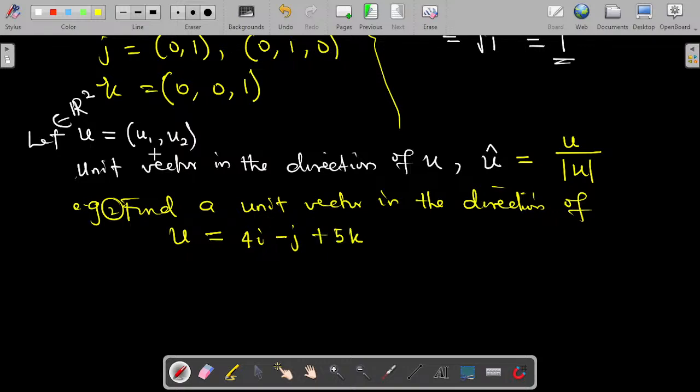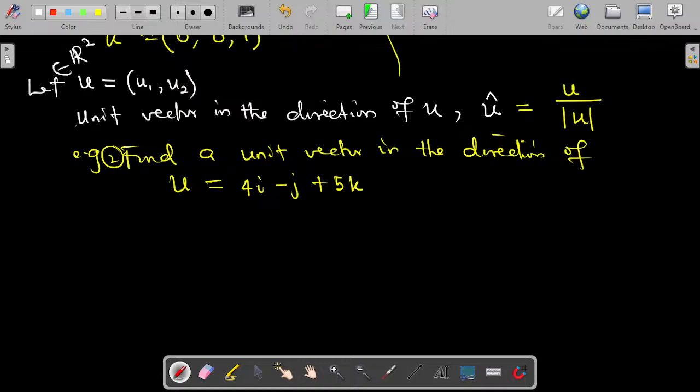We are asked to find a unit vector in the direction of u, and this is our u here. So what do you use? You use the formula. Solution.